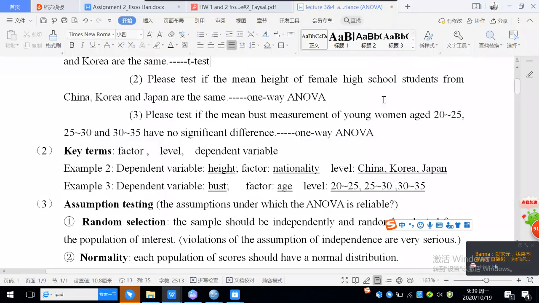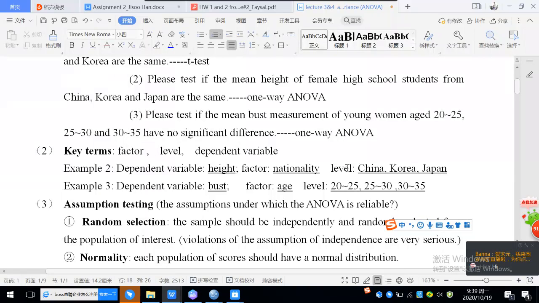From these examples, please remember the key terms. You can identify which is the factor, which is the level, which is the dependent variable. For example 2, the dependent variable is height. The factor is nationality.